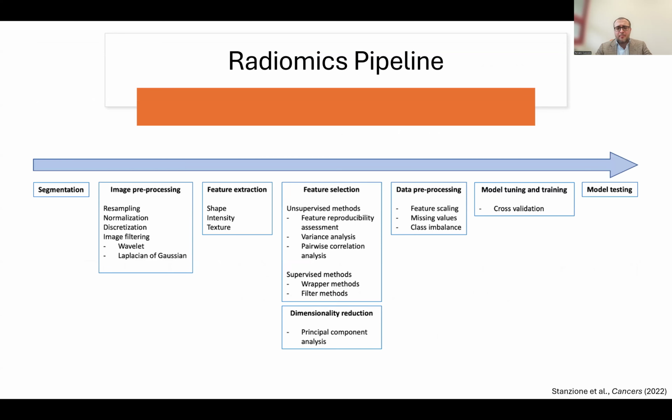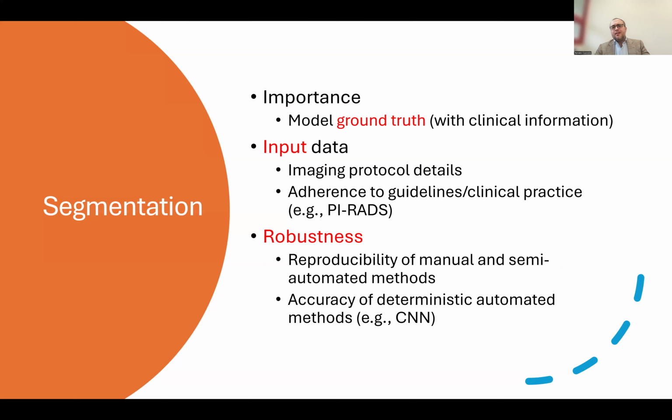And these are all the steps that are comprised within our radiomics pipeline. As we can see, it can appear to be fairly complex, but it's easier than at first look once we go through these one by one.